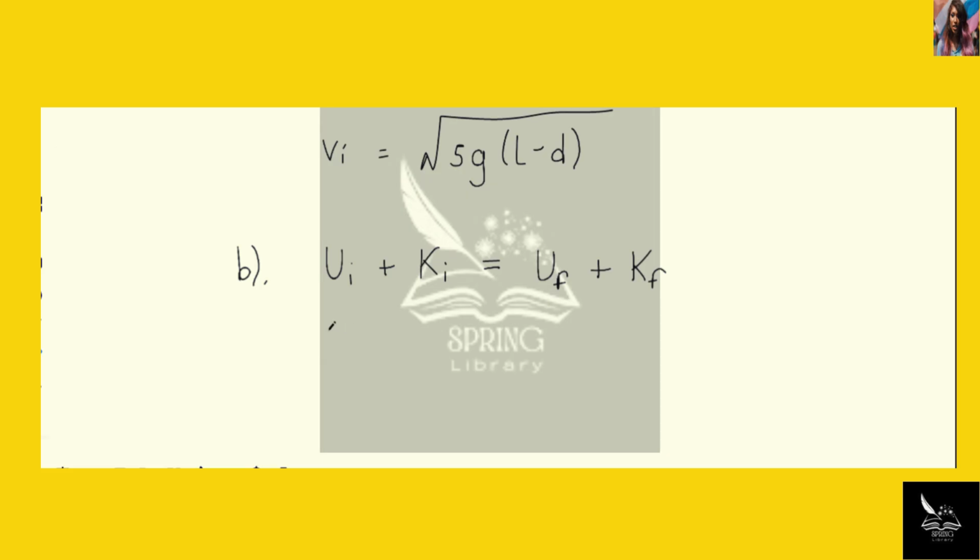So the pendulum starts at a height h, which is unknown. It has zero kinetic energy as it starts from rest. Its final potential energy is zero as it reaches the bottom of the loop, and at that point the kinetic energy is a half m times the square of the velocity that we found earlier.